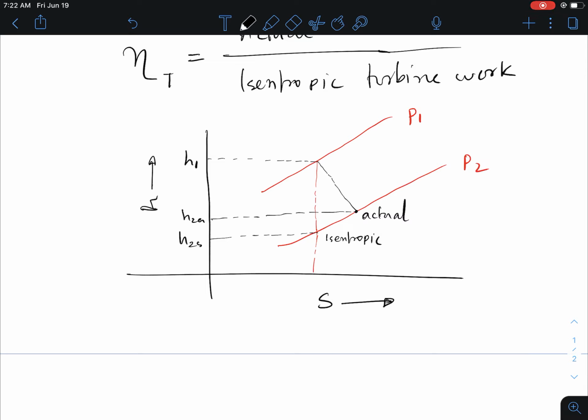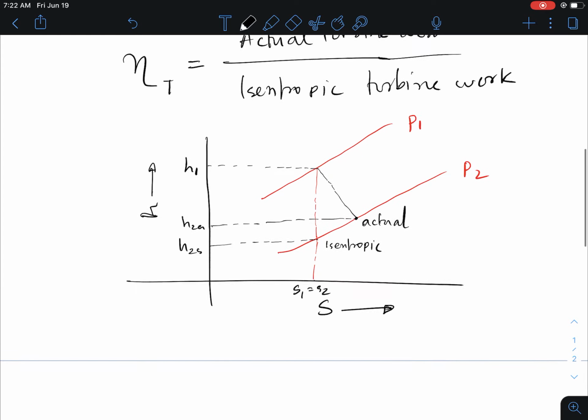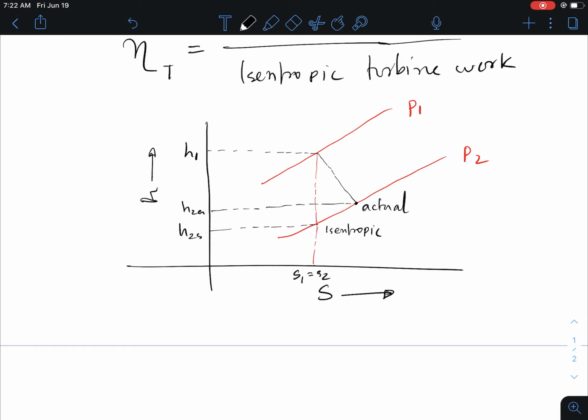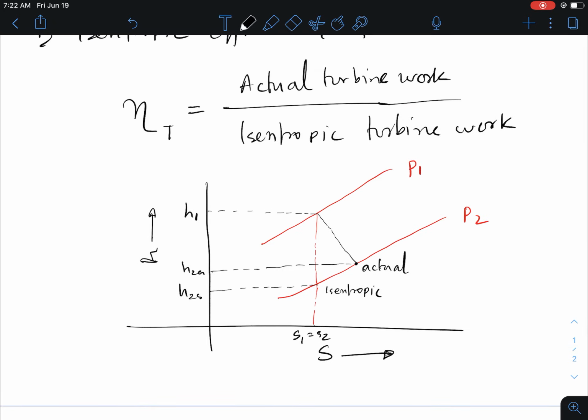We know that for the isentropic case the entropy is the same, so S1 equals S2, but for the actual case entropy is different. So this is the HS diagram for the turbine. Now from this diagram we have to determine the actual turbine work and the isentropic turbine work.